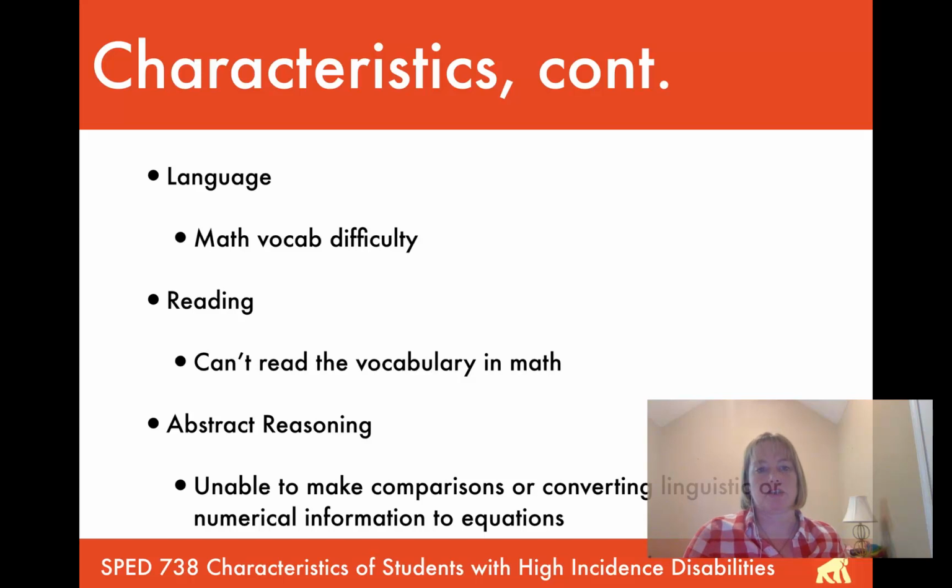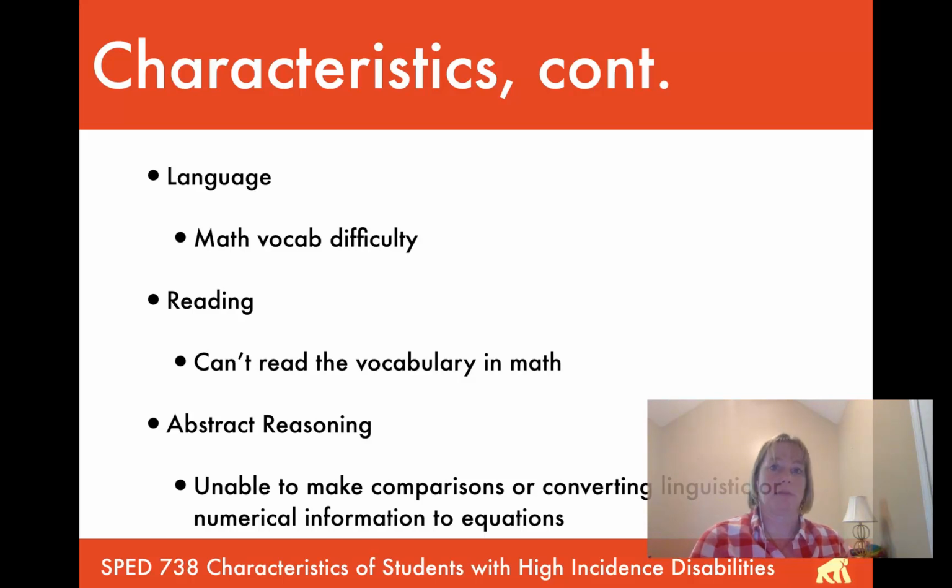Language is another big issue, and I think this is so important, and I hit on this in the class I teach in the spring for students teaching at the secondary level, students with high incidence disabilities, but how critical it is for us to teach vocabulary to our students, K to 12, when we're talking about math. Math vocabulary is pretty complicated. They're complicated words. They're a challenge to read, so if you have difficulty reading, they can be hard.